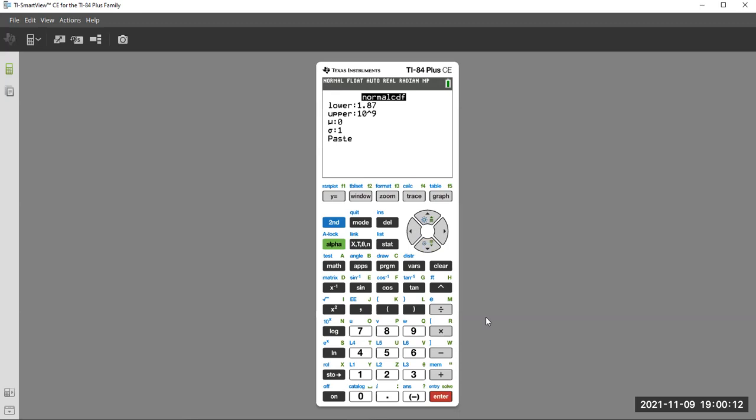And this time the lower limit is negative 10 raised to the 9th. The upper bound is negative 2.15. There he is.